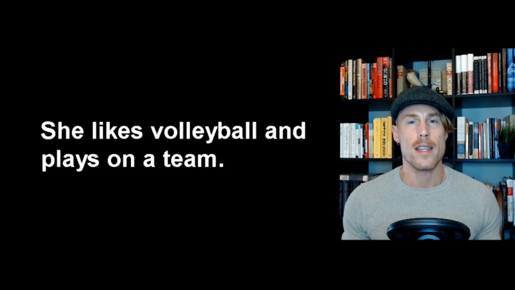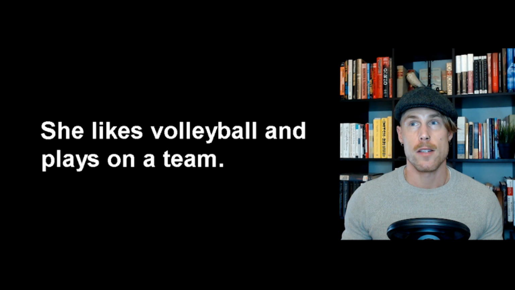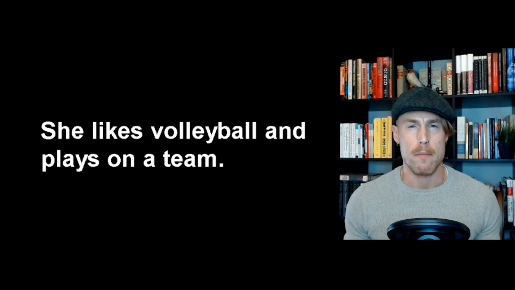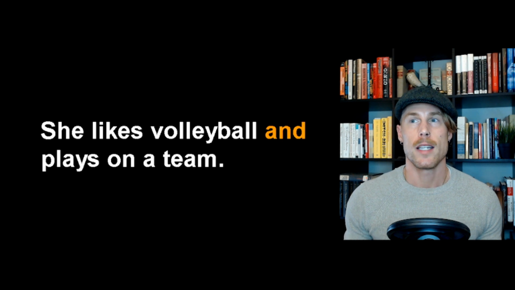What about this sentence? She likes volleyball and plays on a team. It's the same subject for both verbs. She likes, she plays, but we don't need to say "she" 2 times. Here, we still have a conjunction.